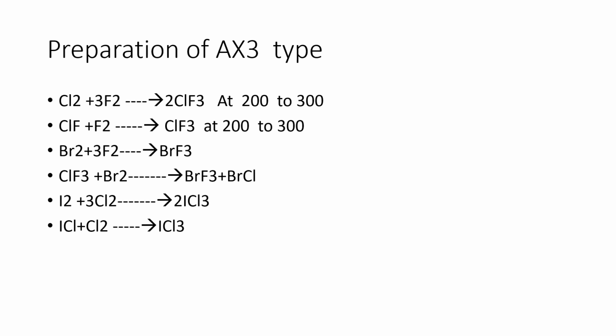Generally in AX type, you can take ICl or ClF. There is a central atom, either chlorine in ClF or iodine in ICl. Between the two atoms there is a bond, and on the central atom there are three lone pairs of electrons and one sigma bond.